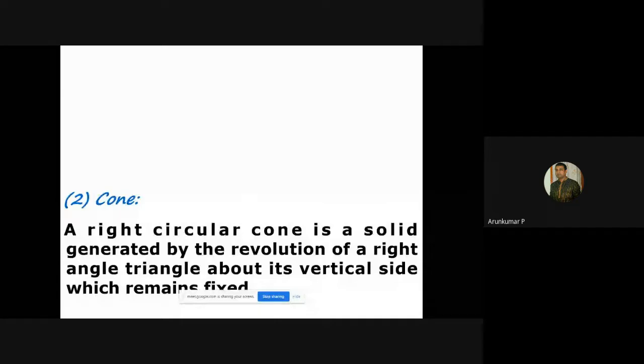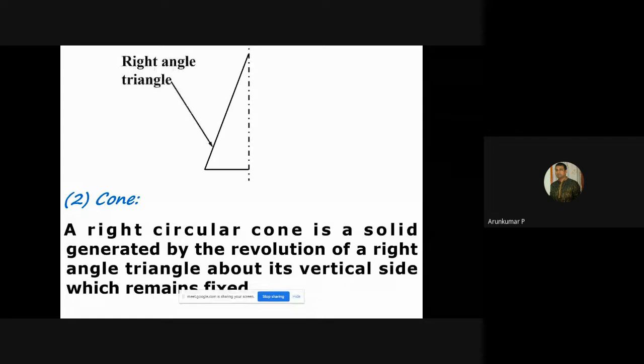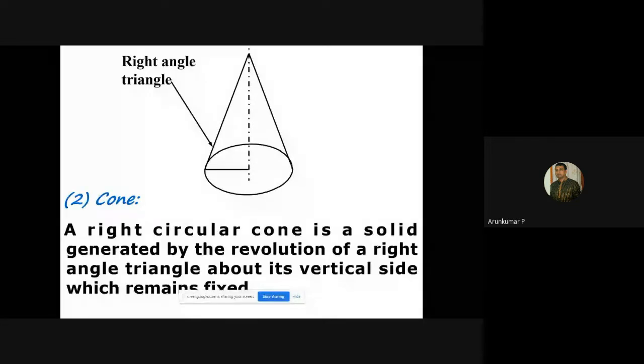The same axis, but this time the cone is also a solid of revolution, which you get by rotating a right angle triangle about the axis by 360 degrees. So this is the background of these solids of revolution, cone and cylinder.